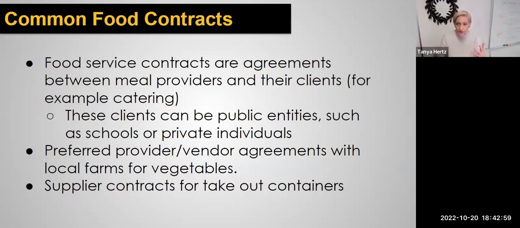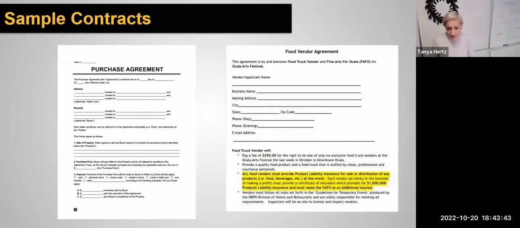I, for years, provided baked goods under the Trader Joe's brand label, and we had a contract with that overarching organization, and we were providing the food to them. So there are a lot of these contracts. We often call these vendor agreements, preferred provider, preferred vendor agreements. It could be any of the vendors or suppliers that you're working with, all the way down the supply chain. So a lot of different contracts that you'll be using.